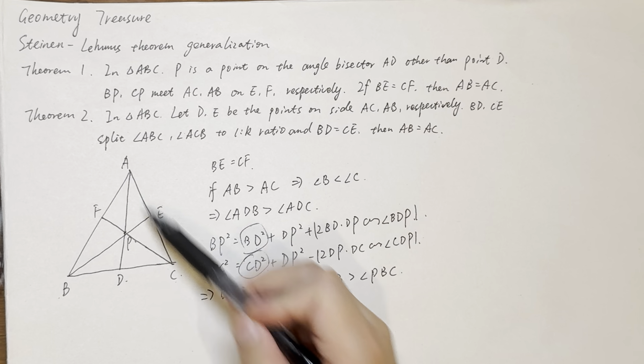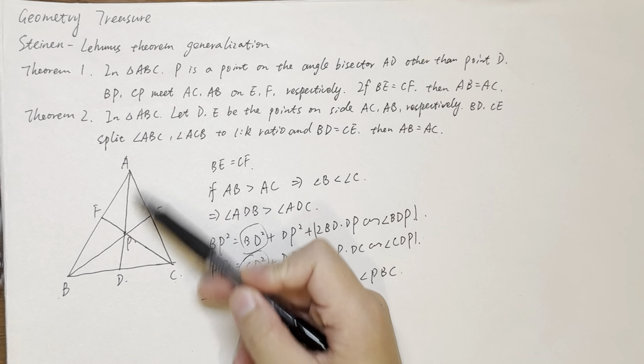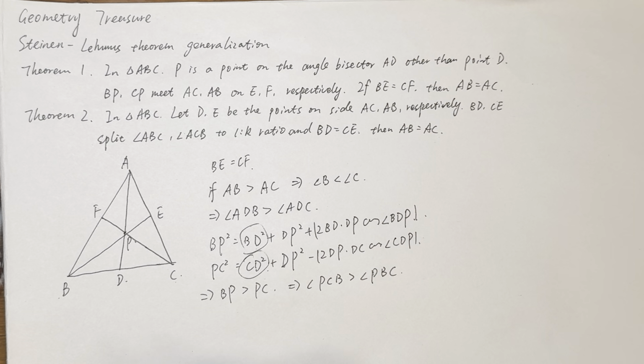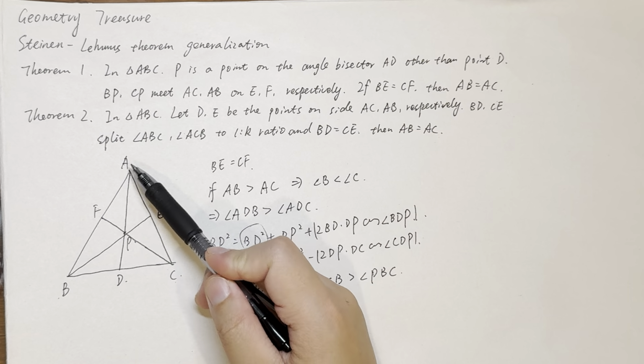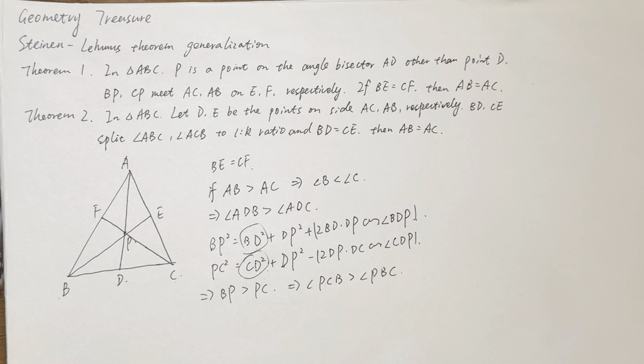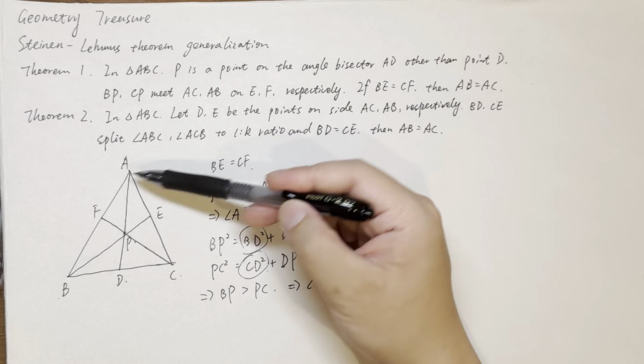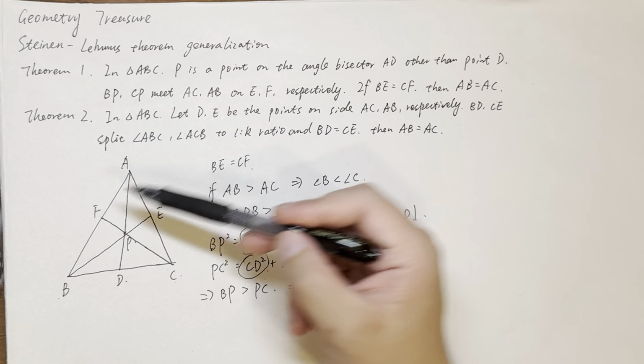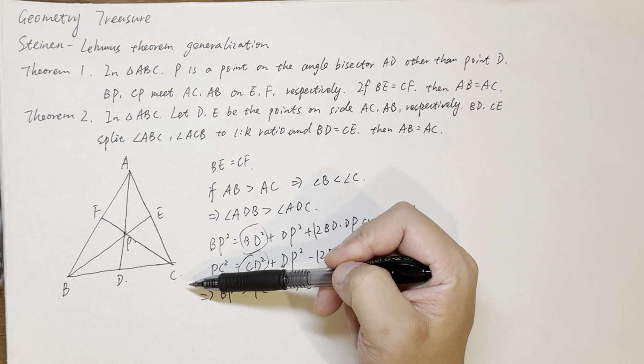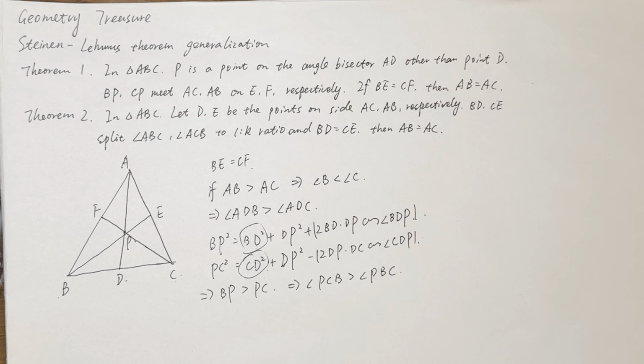We already know that AB is larger than AC. We already know that AD is an angle bisector, and we know that BE equals CF. And we can assume AB larger than AC. Now we want to find something, right? Because we are trying to prove that AB equals AC, and we assumed that AB is larger than AC, eventually we want to find the relationship between AB and AC.